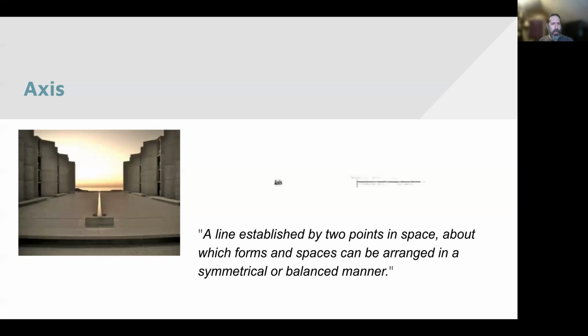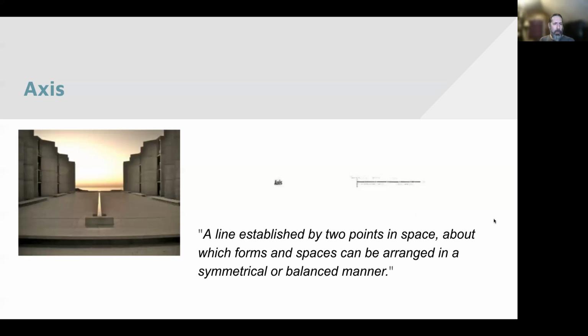When designing a game level, you might be ordering things along an axis in terms of how the game levels are related to each other. You might be in an open world ordering things along the axis of a road running through your game world. So this is something that comes up all the time.